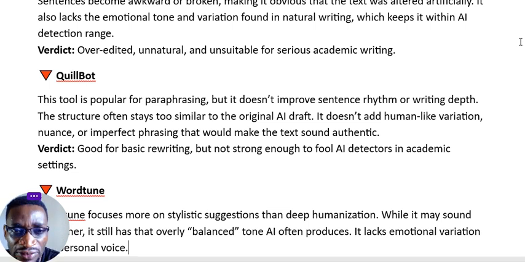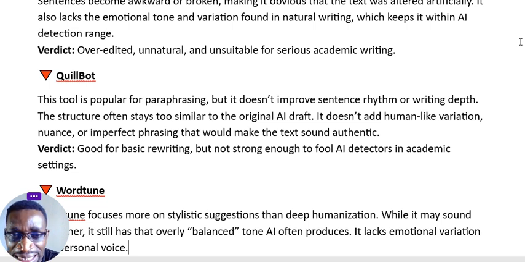Now, this tool is very popular for rephrasing or paraphrasing, but it doesn't improve sentence rhythms or writing depth. Most of you that have been using it, you can bear with me. It's just about the surface. It paraphrases, it changes sometimes sentence structure and restructures the paragraph, but there is a major thing lacking, which is the depth.